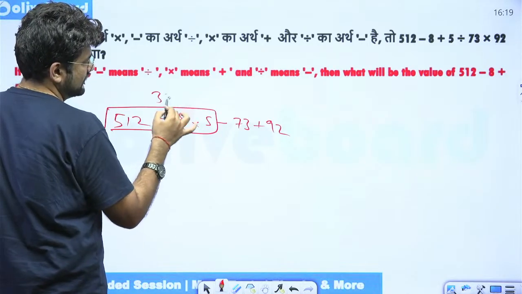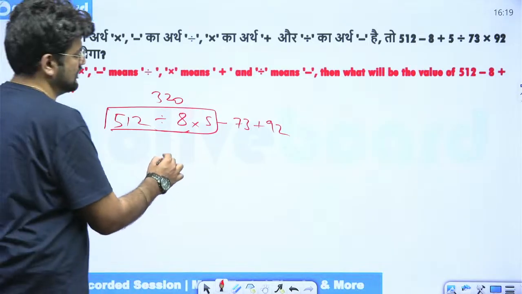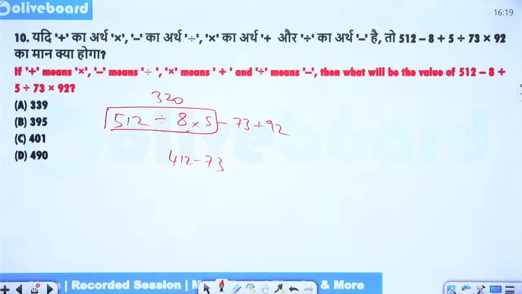So this is 320 minus 73 plus 92. So 320, either you can add 92 and subtract 73. That can also be done. So 320 plus 90 is 410 plus 2, 412 minus 73. This can be done. So we'll have 9 at the units digit. So that is option A.